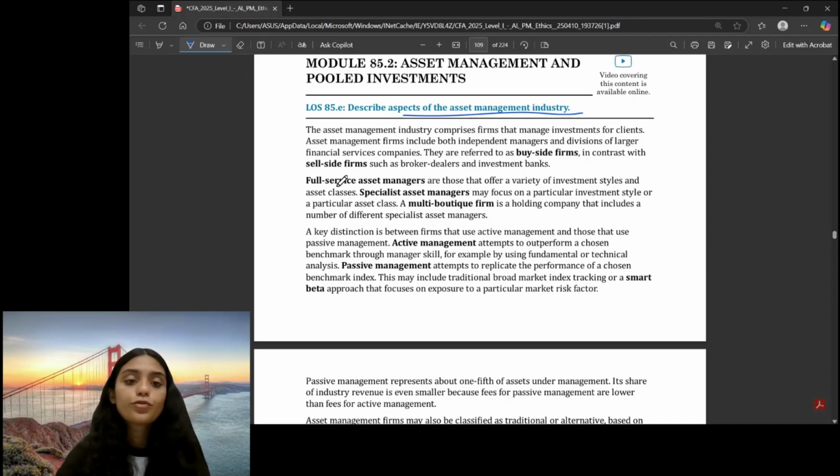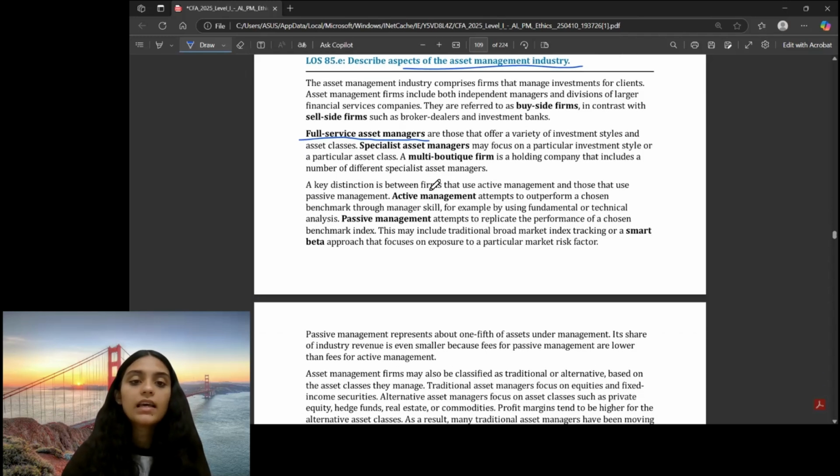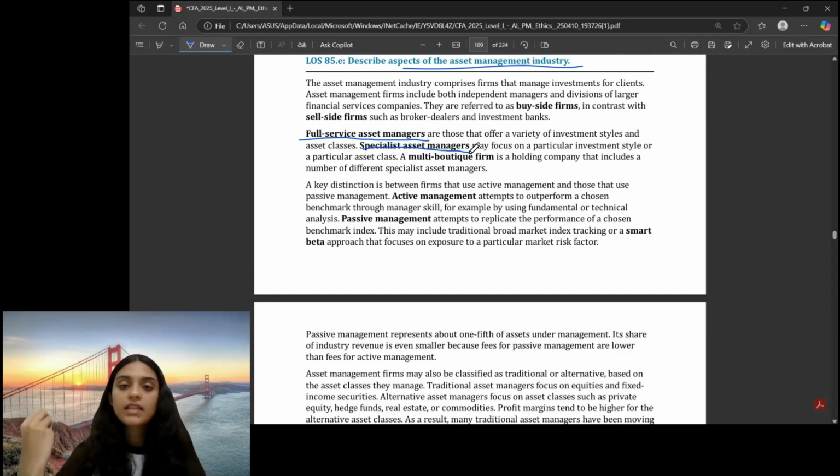Then there is the full service asset manager. These are asset managers that offer a variety of investment styles across different asset classes. And specialist asset managers are those which manage only a specific type of asset class and have only a specific investment style.